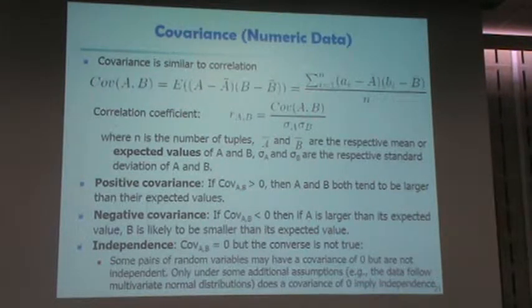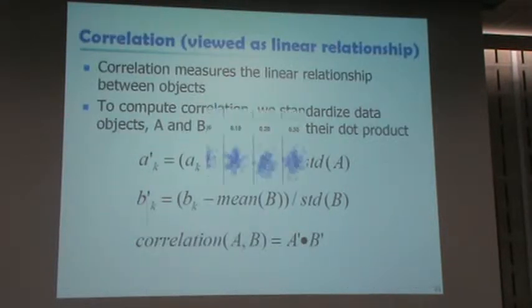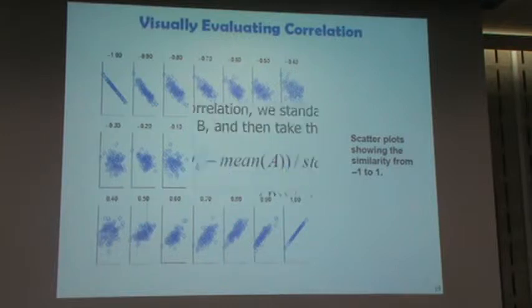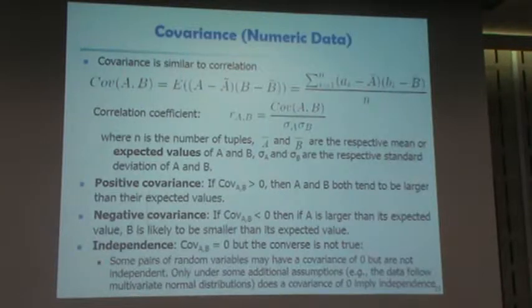To find the covariance of the A attribute and B attribute, we need to find the correlation data from here, then multiply by the standard deviation of A and the standard deviation of B. That is the same as A minus A bar.